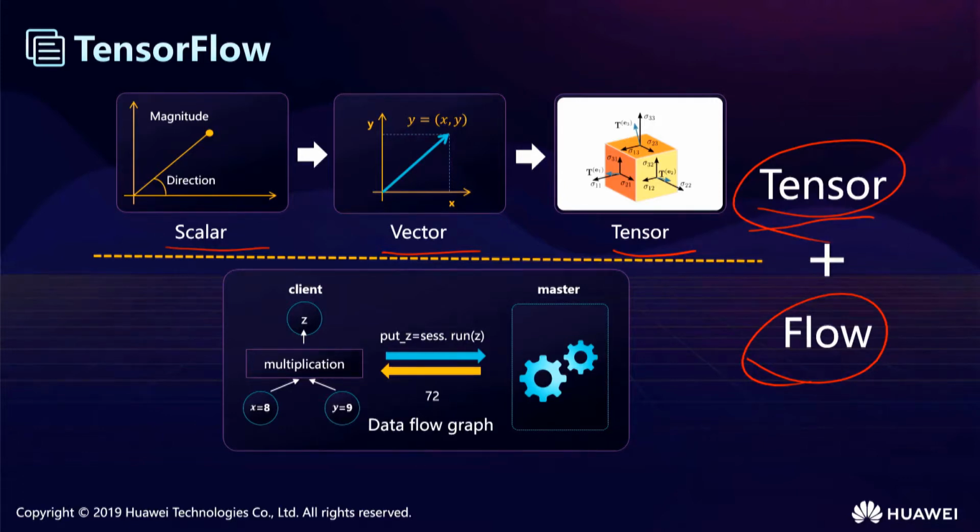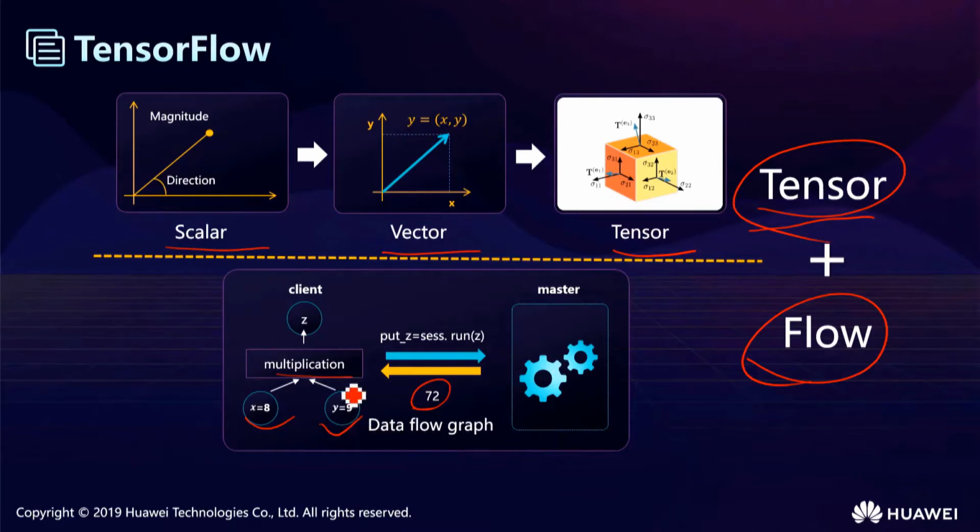the data flow diagrams. For example, z equals x multiplied by y, and we do the multiplication. First we transfer the x value and y value into tensors and give them to the master. The master will return our result and give the result to the tensor.